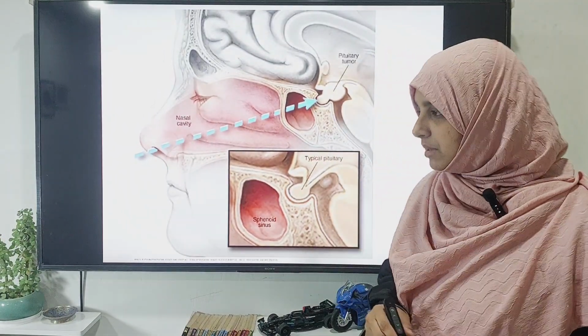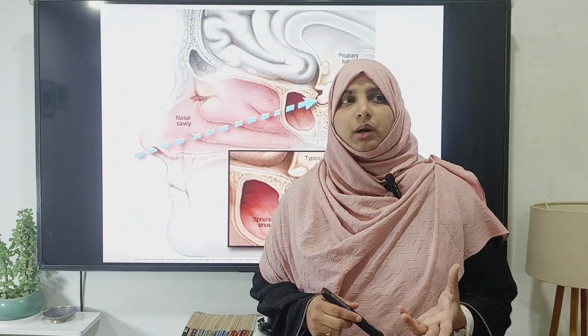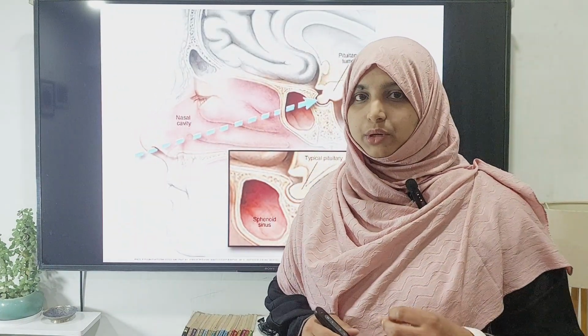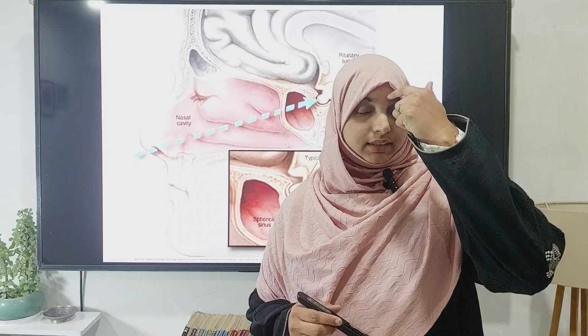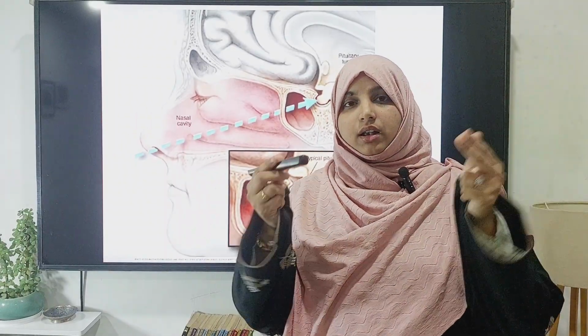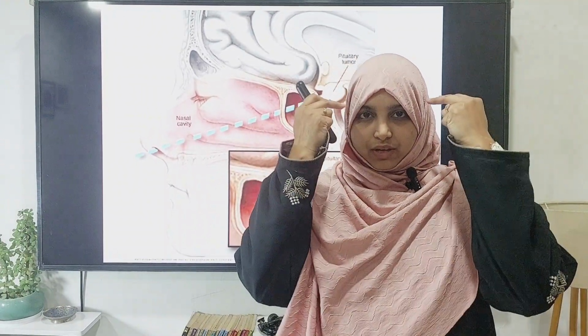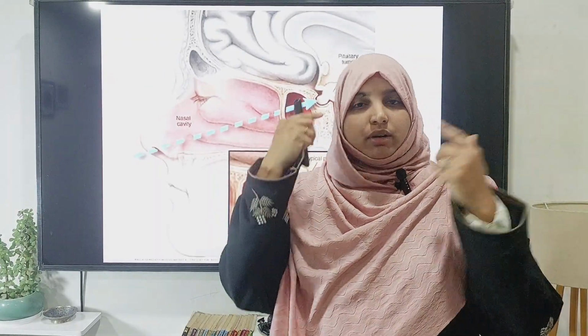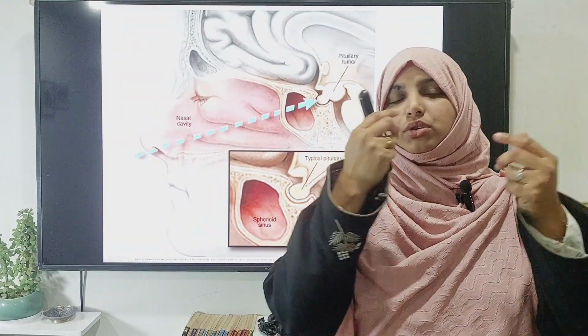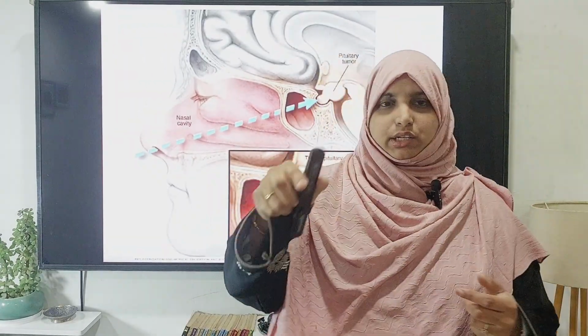You tell me, if a patient has a pituitary gland tumor, the pituitary gland is placed right in the center of the body of the sphenoid. However you go, you might have to damage some portion of the dura mater or some portion of the brain to reach that spot.